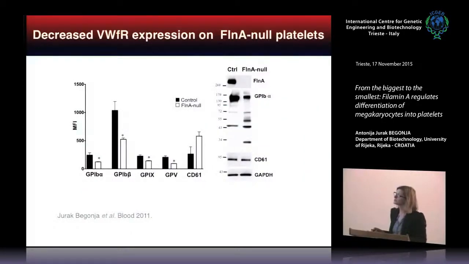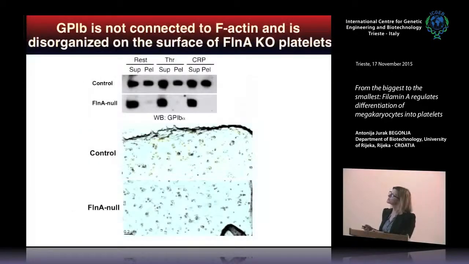So we looked at the expression of all subunits of the von Willebrand factor receptor. We could observe decreased expression of all subunits, but not integrin. This is integrin beta 3. Also on Western blot for GP1B alpha and some degradation products.